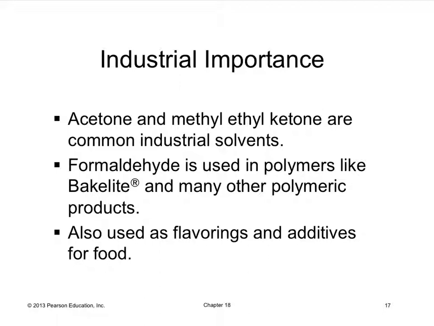Industrial importance: acetone and methyl ethyl ketone are common industrial solvents. Formaldehyde is used in polymers like Bakelite and many other polymeric products. They're also used as flavorings and additives for food.